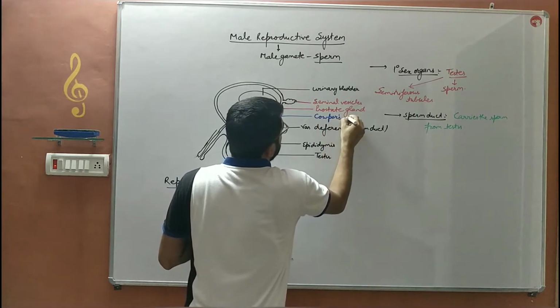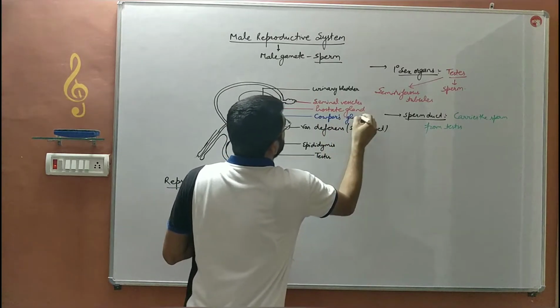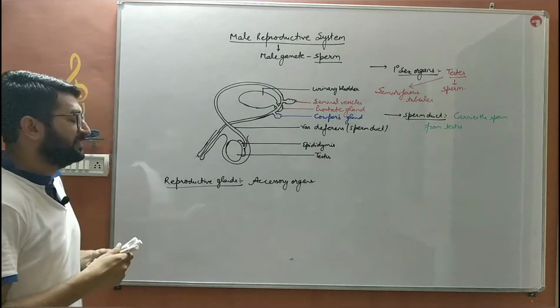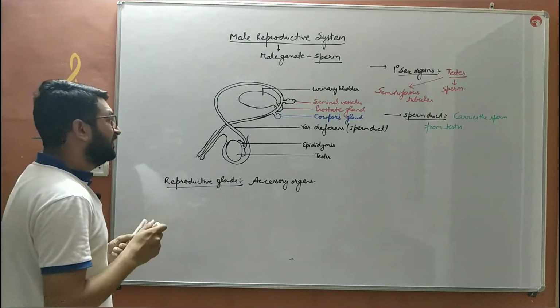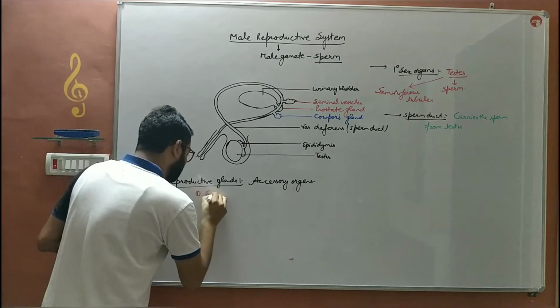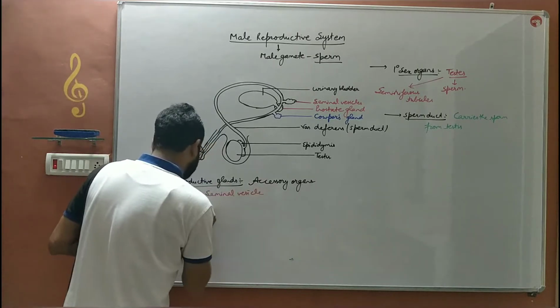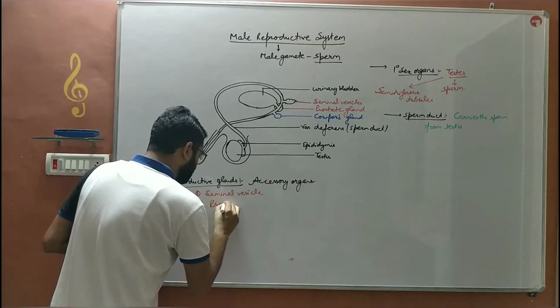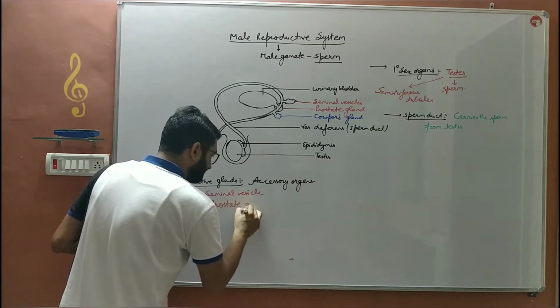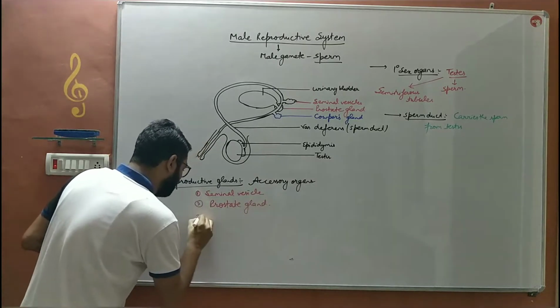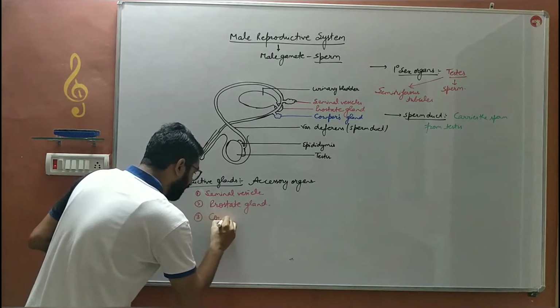It is also referred to as the bulbourethral gland. So these are the accessory glands: seminal vesicle, prostate gland, and the third one, Cowper's gland.